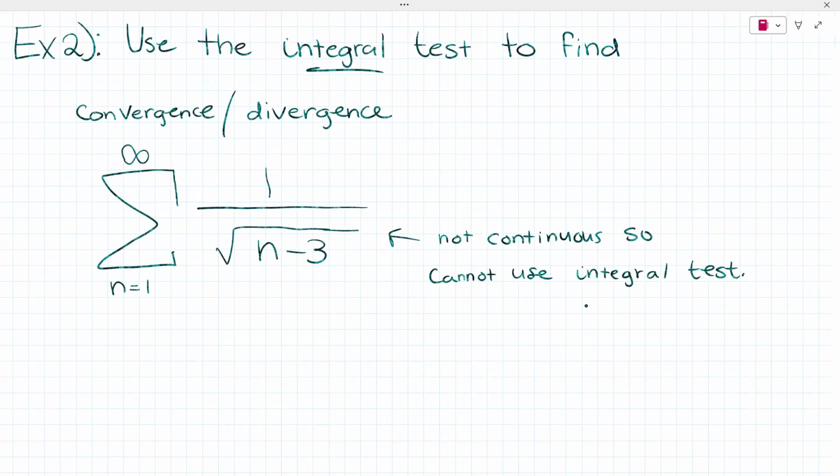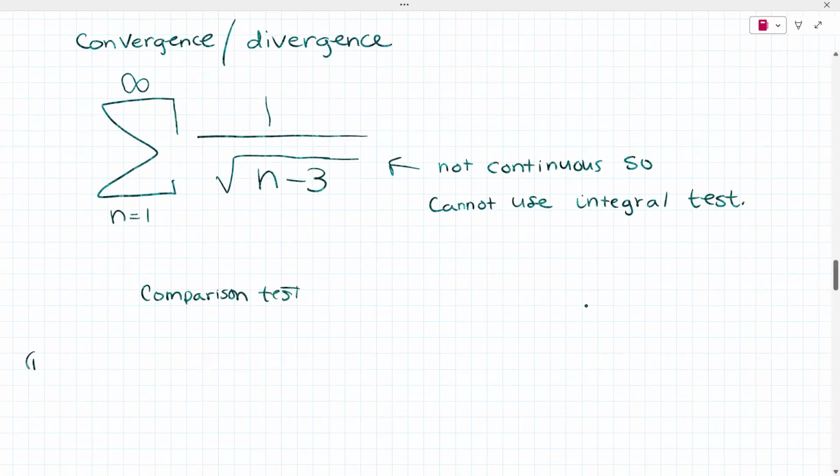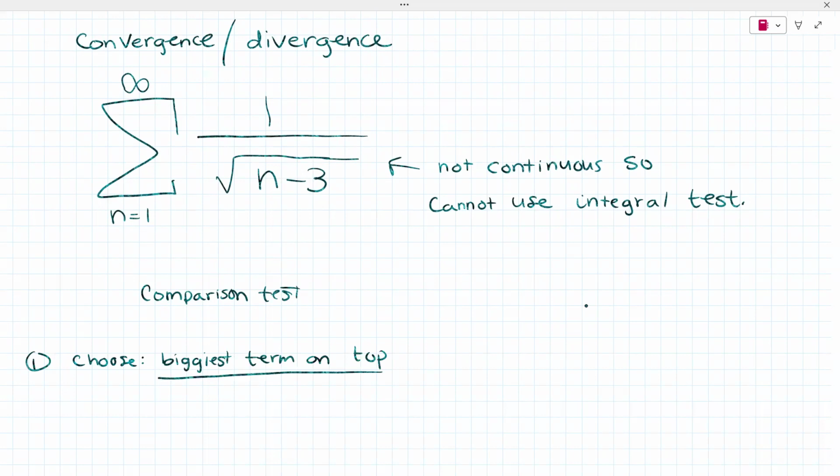So we might have to use the comparison test. If you recall in the comparison test, you have to choose the biggest term on the top over the biggest term on the bottom. So step 1, choose the biggest term over the biggest term on the bottom.